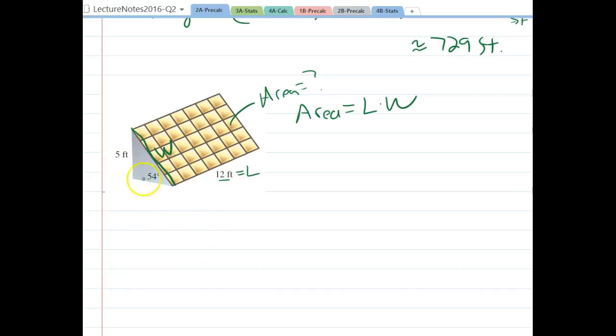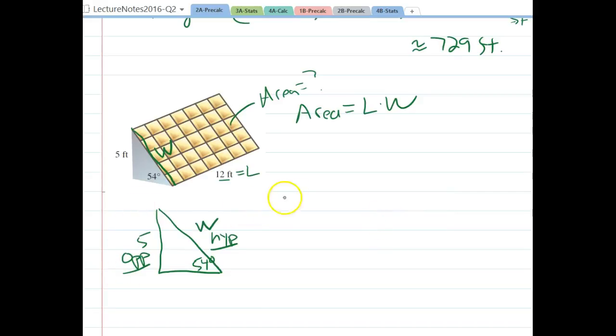So if I take a look at this triangle and draw it, and look at it from the side, I've got 54 degrees, I've got 5 feet, and I need to know that hypotenuse, which I'm calling W for width of my rectangle. So relative to 54 degrees, this is the opposite. This happens to be the hypotenuse. So I ask myself, which trig function has the opposite and hypotenuse sides?